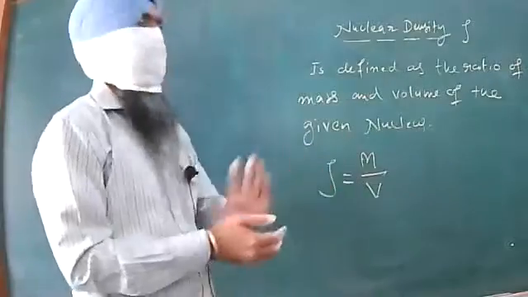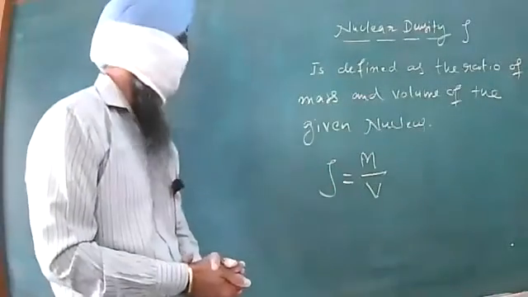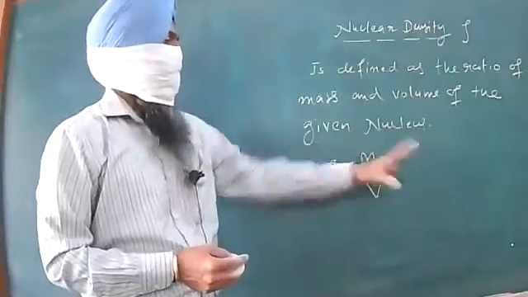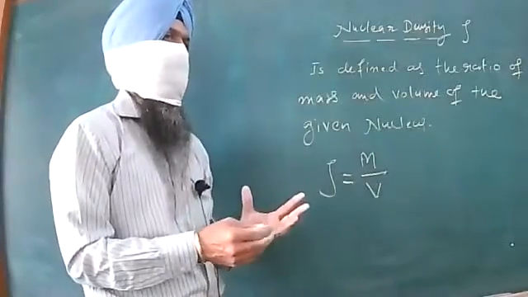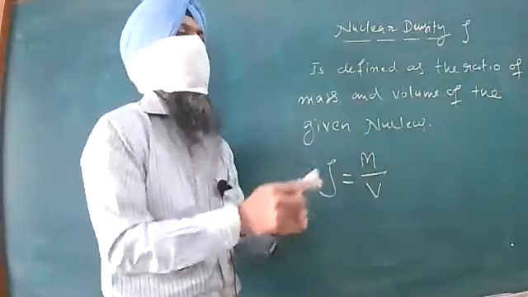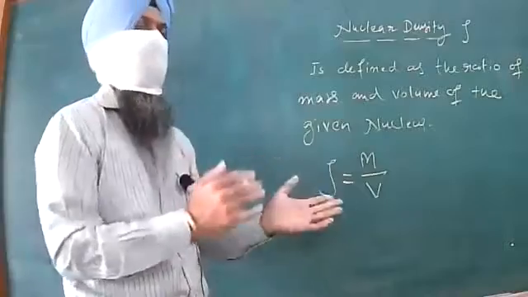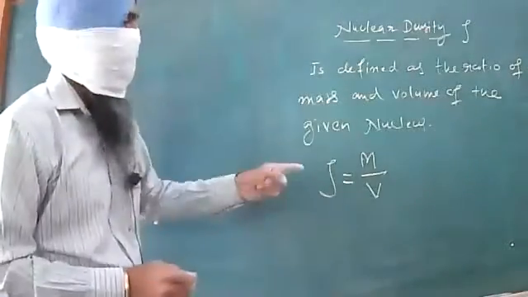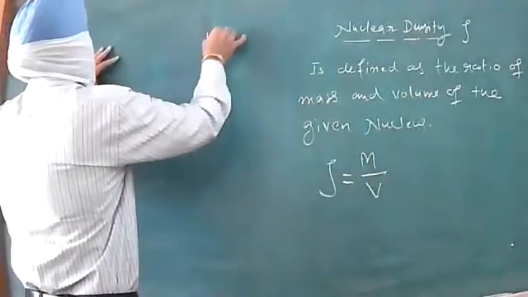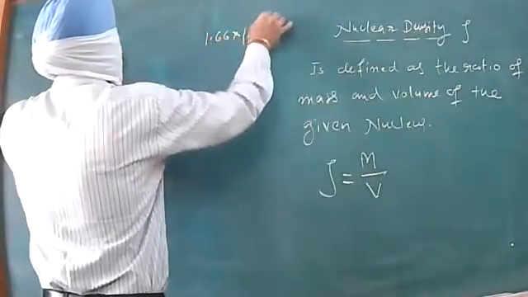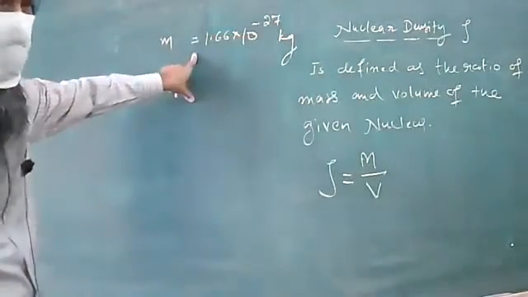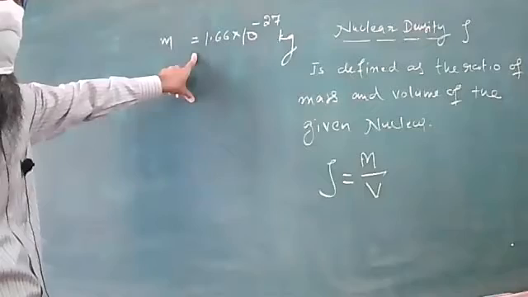But before I substitute for mass and volume, we must know how we can get the mass of the nucleus. In our previous lecture, we had the constituents of our nucleus, that is protons and neutrons, and we separately calculated or wrote down the masses of protons as well as neutrons. Now, collectively speaking, if I ignore the last two digits, I will say that 1.66 into 10 raised to the power minus 27 kilogram is the mass of a single nucleon, maybe proton, maybe neutron.